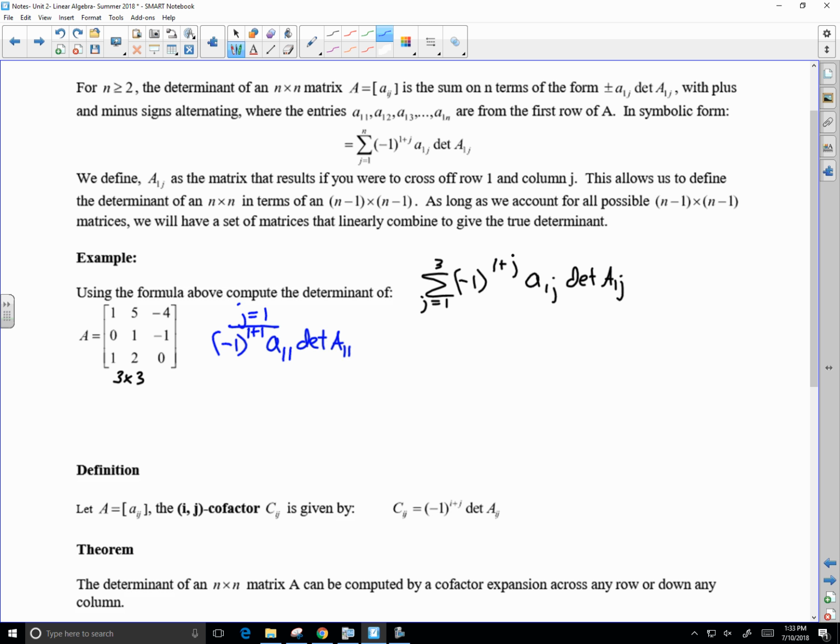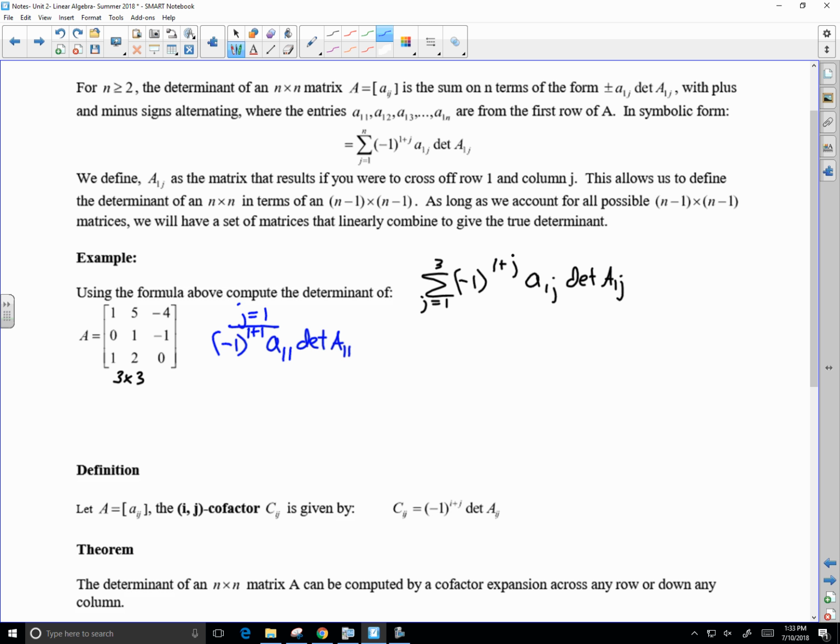What that interprets as, the weird component, is the capital A sub 1j: the matrix you get if you cross off row 1 and column j, and find the determinant of the resulting matrix.